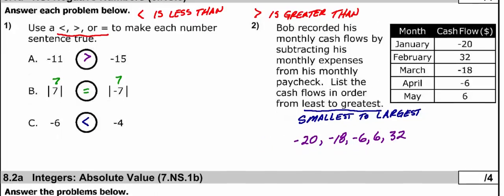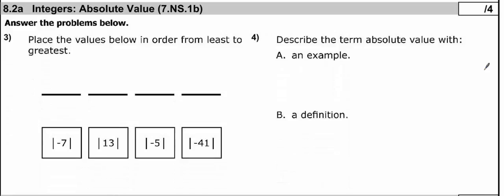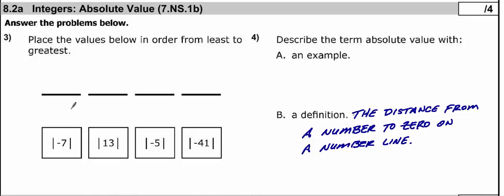All right, moving down the page. Absolute values. We talked about the fact that absolute value is the distance a number is from 0 on a number line. In fact, let's just get that definition down right now. The distance a number is from 0 on a number line. There you go. The magic of pause just appeared. Poof. The distance from a number to 0 on a number line.